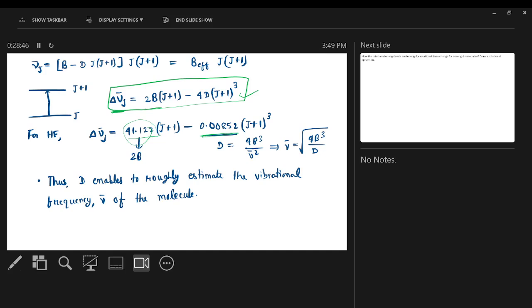Because of rotation, this bond is not rigid now. It's kind of a spring, so it vibrates. So what is the vibrational frequency? That vibrational frequency we can calculate from this. Okay, so let's look at some problems.